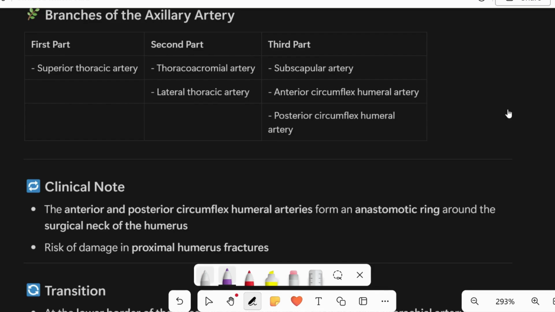So the first part of the axillary artery gives the superior thoracic artery. The second part gives the thoracoacromial artery. The second part gives a second branch, the lateral thoracic artery.